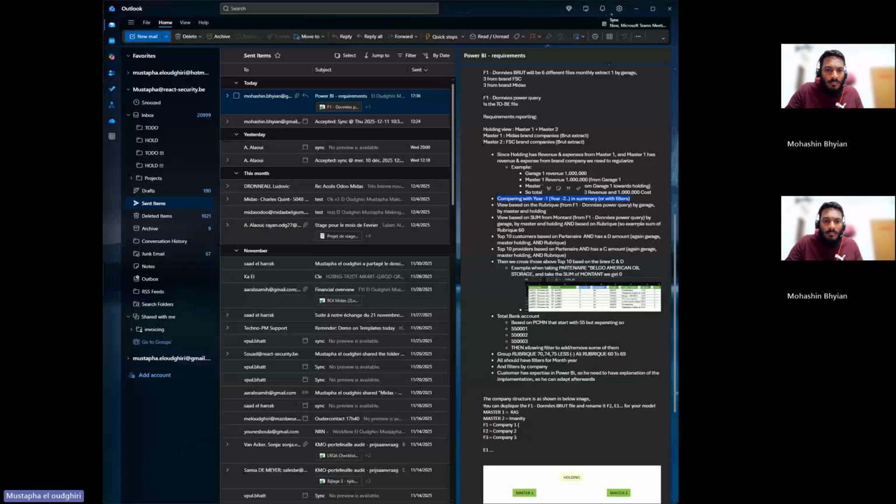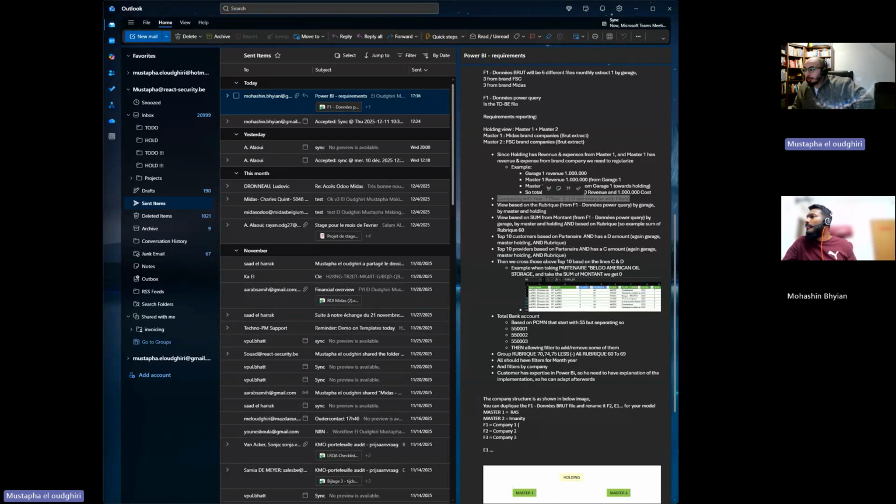Then comparing year 1 and year 2: being able to see the current year and then compare with last year or last period. And something to always keep in mind is being able to check by rubric. The rubric is column D in the Power Query file, with numbers like 44 and 55.